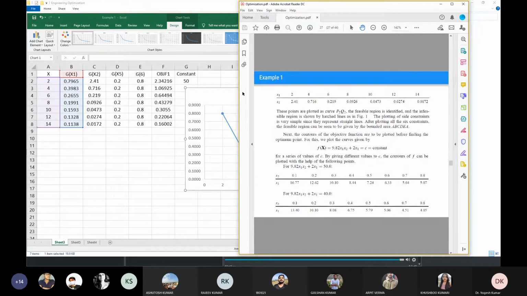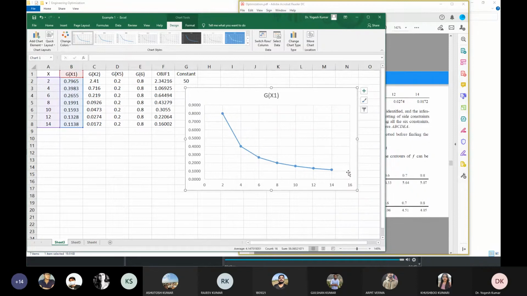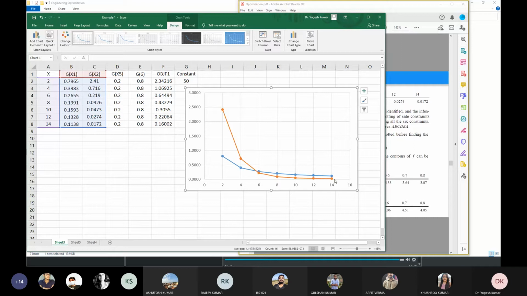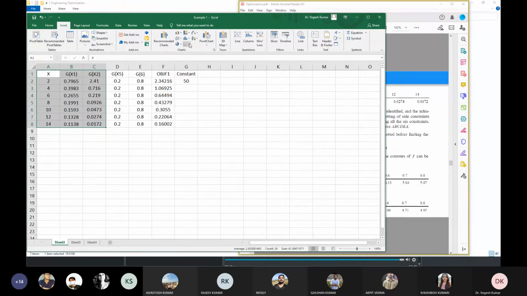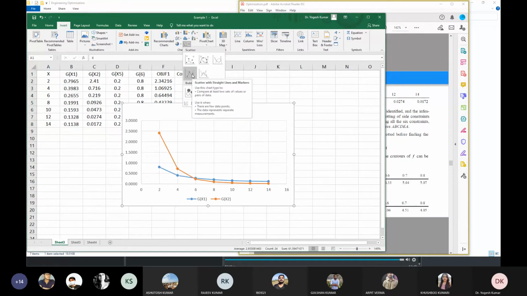If you want to draw the graph for g2x, there are two ways. Either you can extend this graph like this, so another graph has come which corresponds to your constraint g2. And there is another option: if you want to draw in one shot, you select the whole data, click on chart, and then scatter with straight line and marker.